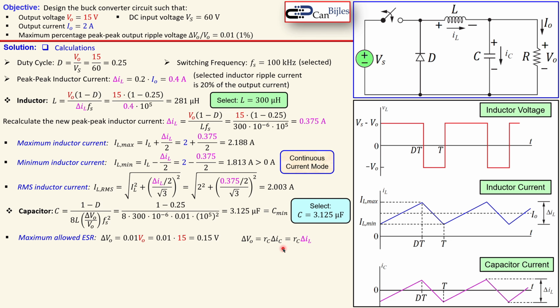Since the delta IC, the capacitor peak value, is also equal to the inductor peak current value, we can say that this is the value of the equivalent series resistor we can have at max. So 0.4 ohms we can have at max, considering this peak inductor current.